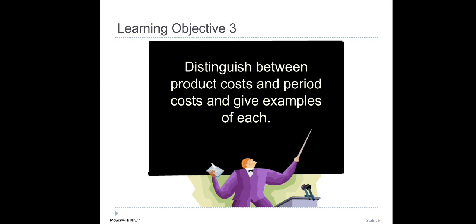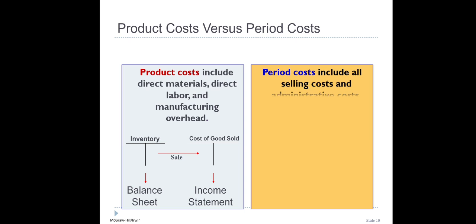Okay, let's see. This is very easy. Product cost, okay, this is the definition of product cost. Product costs are direct materials, direct labor, and manufacturing overhead. Product cost means the cost that you have to pay to produce a product.